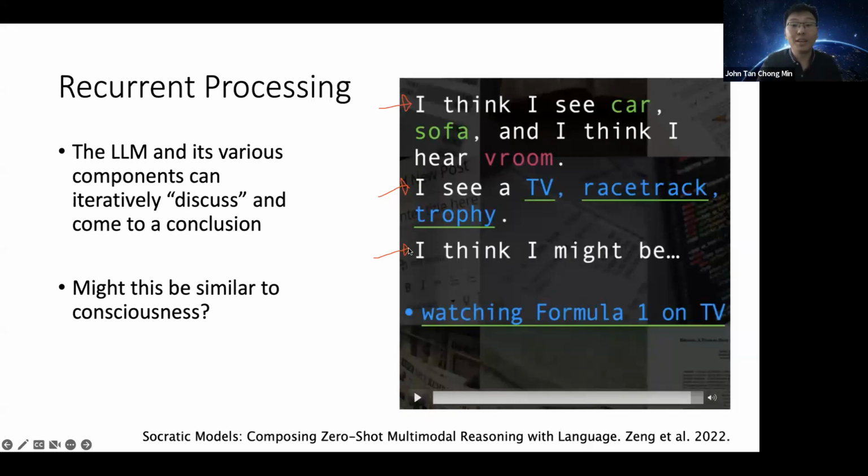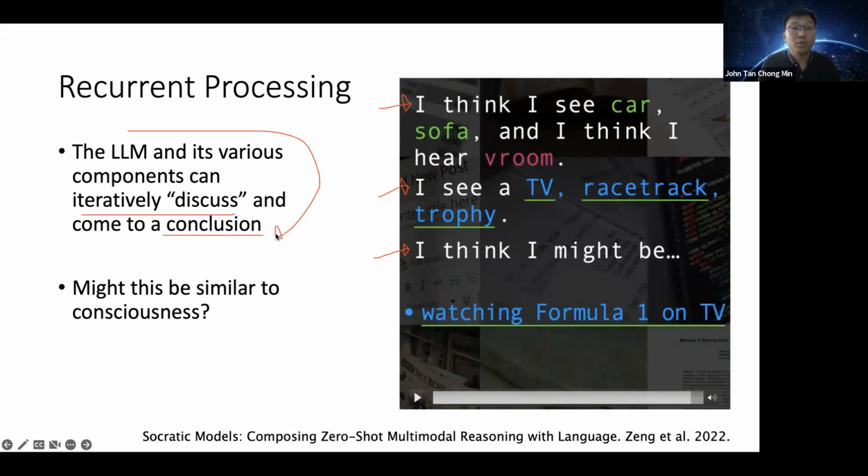What do you think it might be? What do you think you are doing? By going step by step like that, you can discuss what is happening right now and come to a conclusion, which is difficult to come to if you jump straight to the conclusion. So there's some form of communication between the various modalities, and then eventually you come to a conclusion.